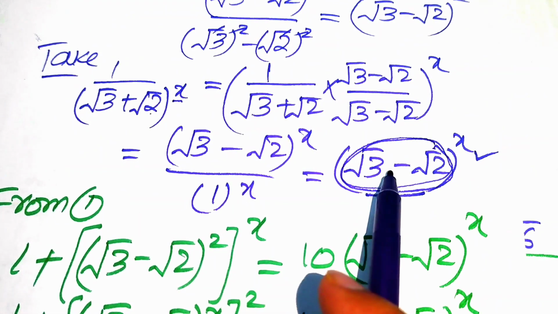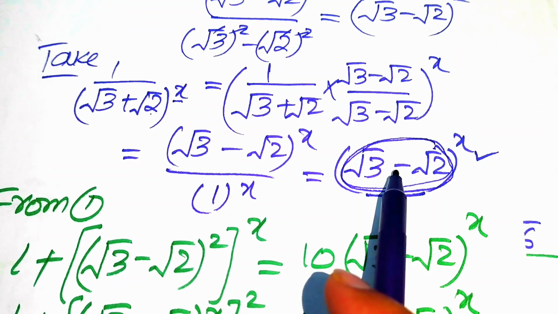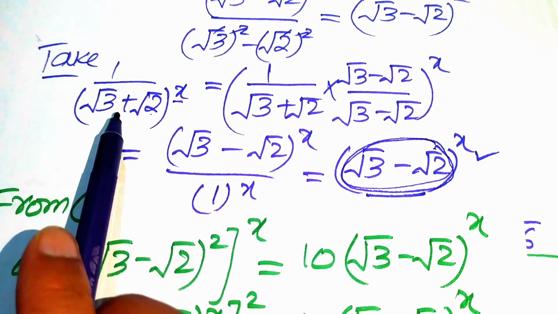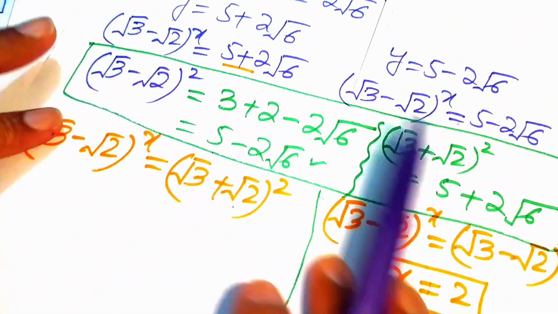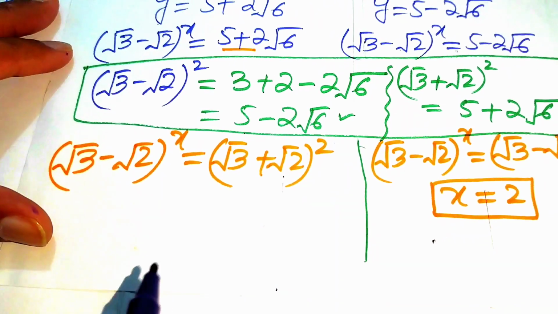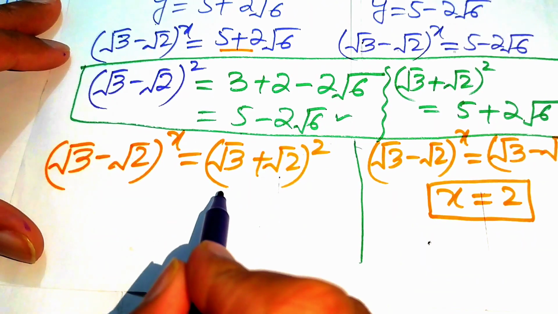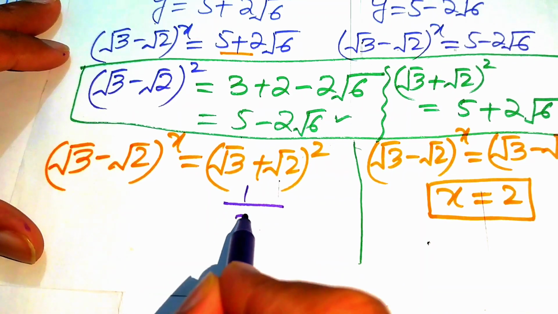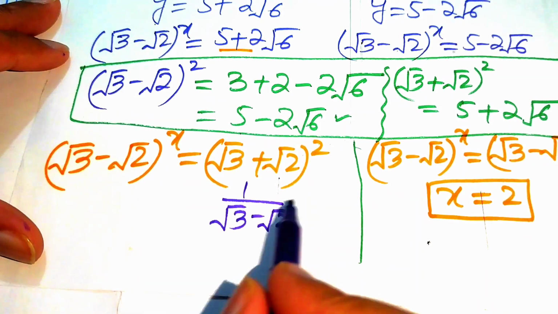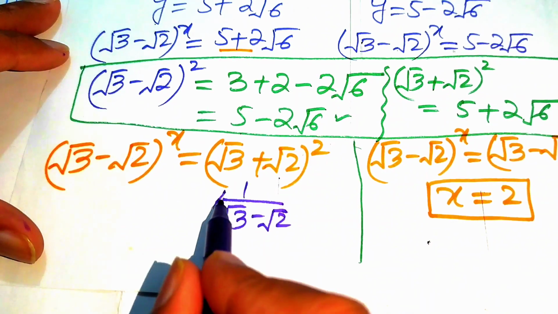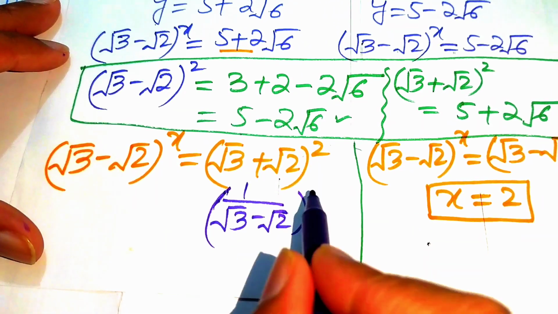It means that if you have the negative power and take the reciprocal, it will become the positive power. So according to the above fact, we write this expression as 1 over square root of 3 minus square root of 2 and its whole power 2.